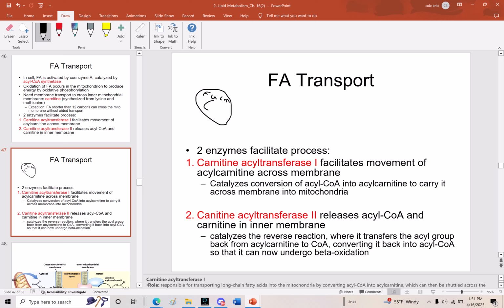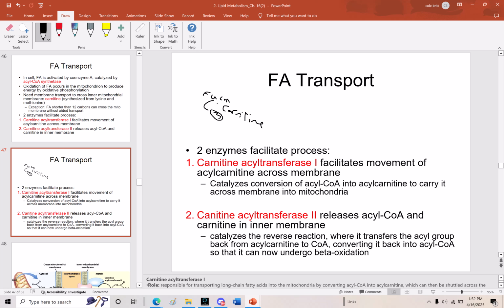So we have this fatty acid CoA. In order to get in here, we need carnitine acyl transferase 1, which is sitting in the membrane.